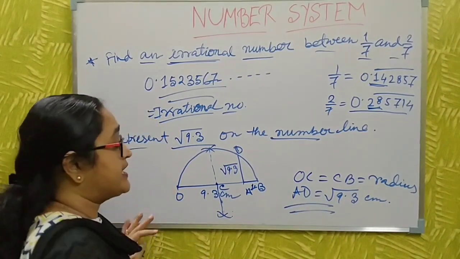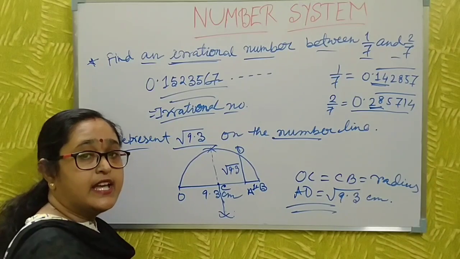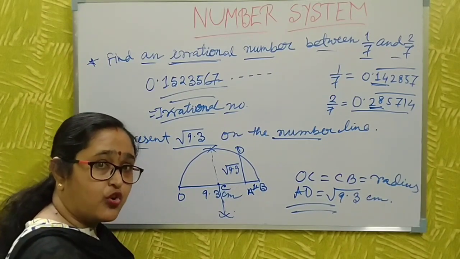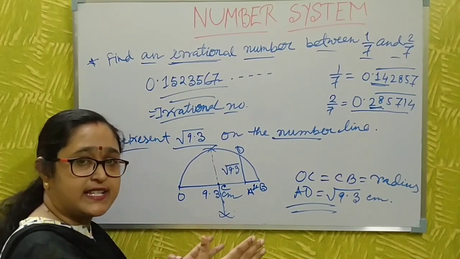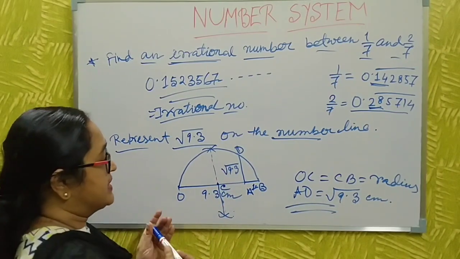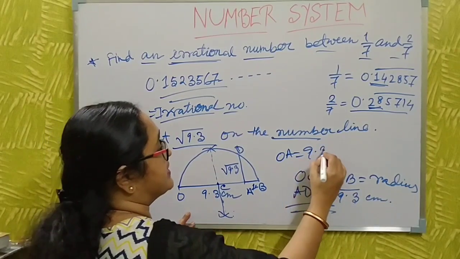This is a very important thing. All of you, I just discussed it again. Just go to the next part of the video, pause the video and draw this one with me also. Now I take a scale. You measure 9.3 here. OA is 9.3 centimeter.